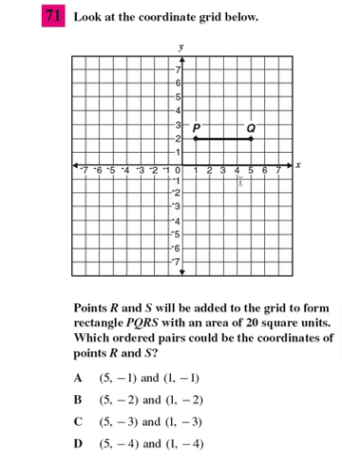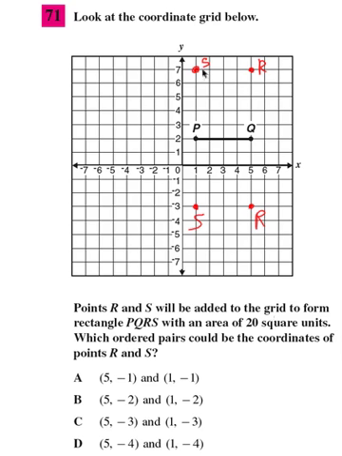So, in order to make a rectangle PQRS that has 20 square units, we would say 4 times 5. We can have these 2 points make a rectangle with an area of 20, or these 2 points make a rectangle with an area of 20 square units.